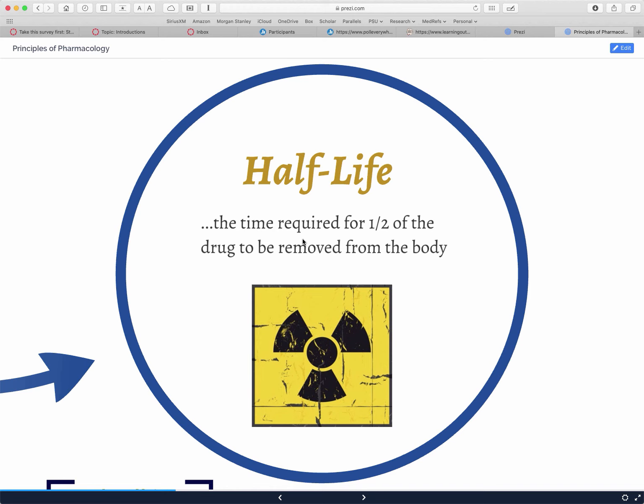At 2 hours, I've had another half-life, bringing me down to 125 milligrams, right? Another half of what's left in the body. Does that make sense? So the half-life is the time required for half the drug to be removed from the body.